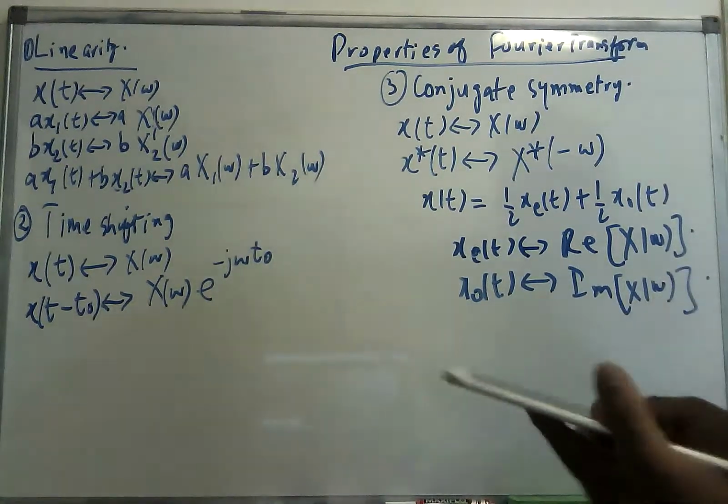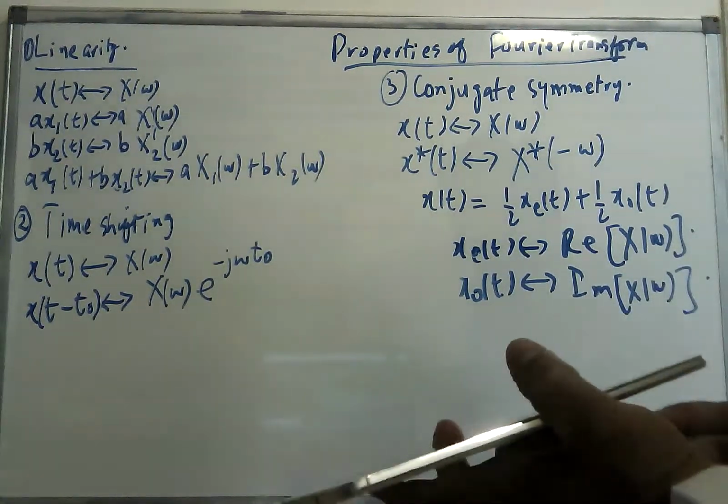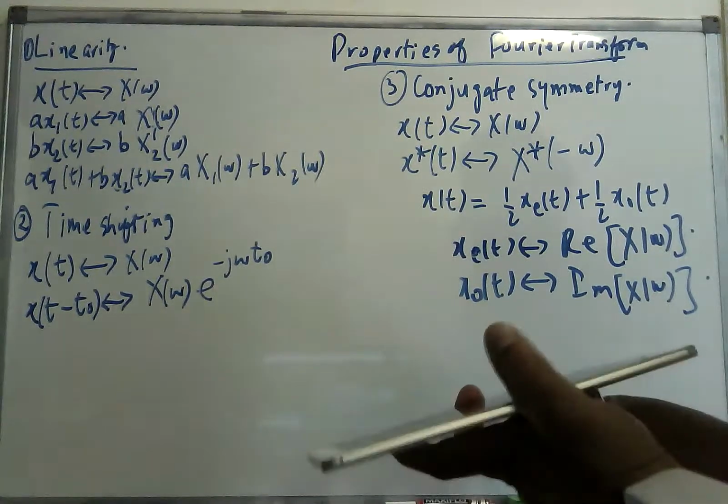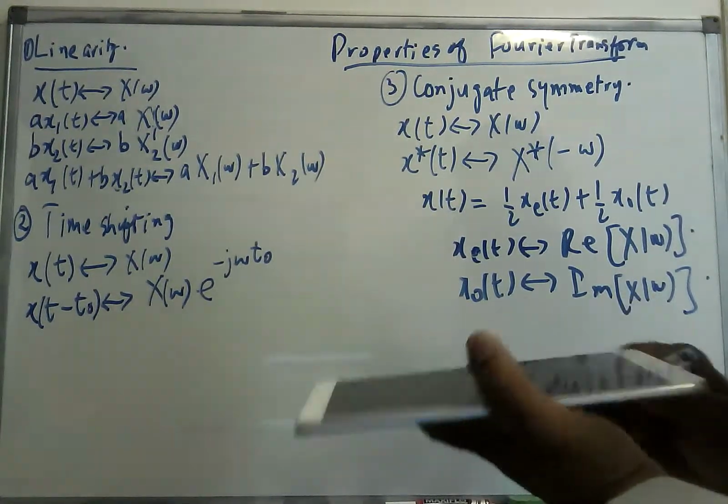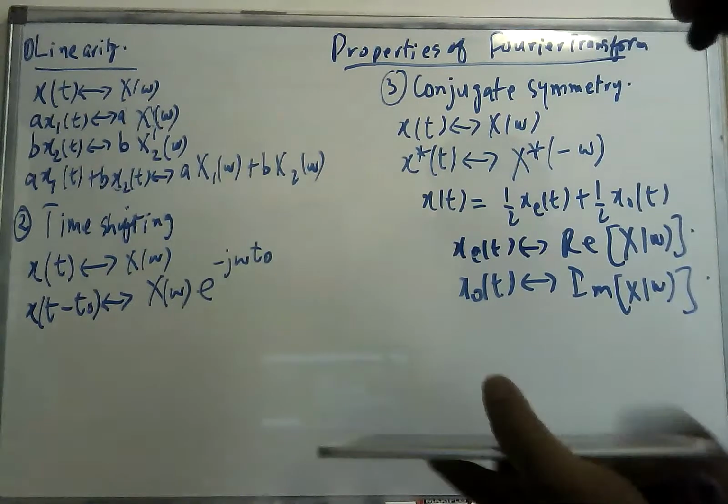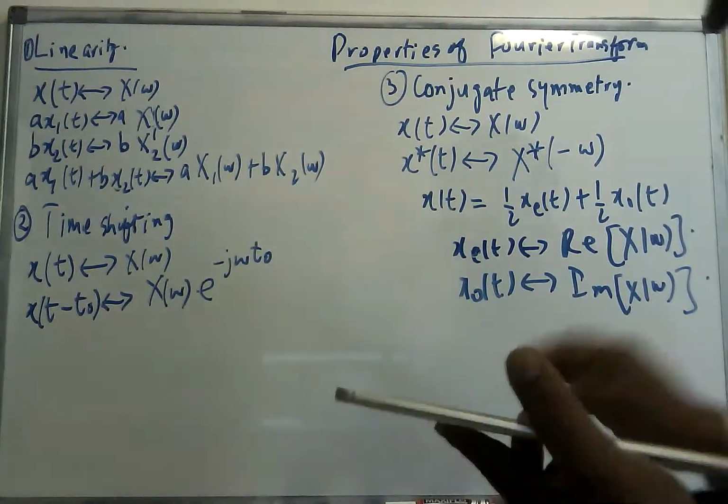So this is a very powerful property, and we can find the Fourier transform of some other functions by using it. Now let us look at an example which is given in the lecture.